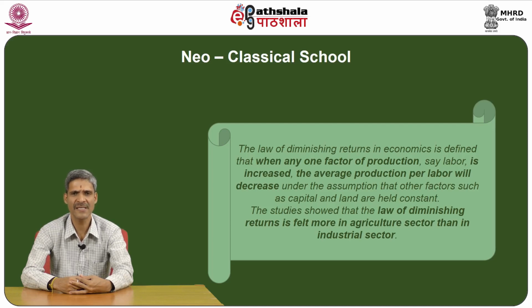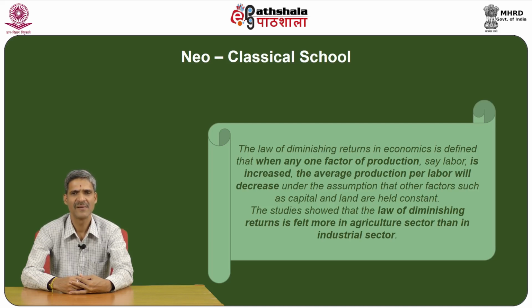The law of diminishing returns in the field of economics is defined as follows. When any one factor of production, say labor, is increased, the average production per labor will decrease under the assumption that other factors such as capital and land are held constant.